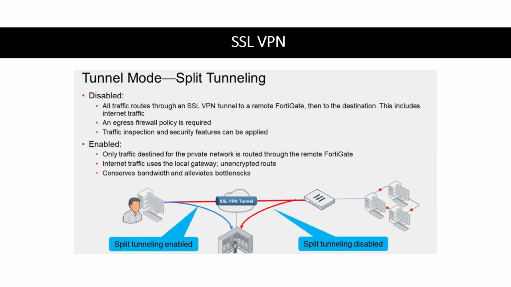And of course, same thing, on the flip side, if you do enable split tunneling, it'll conserve bandwidth for maybe your SSLVPN server that they're trying to reach out to, and we can alleviate bottlenecks. Because whenever an interface reaches its limits as far as how much traffic it can pass through, it will start to drop packets.